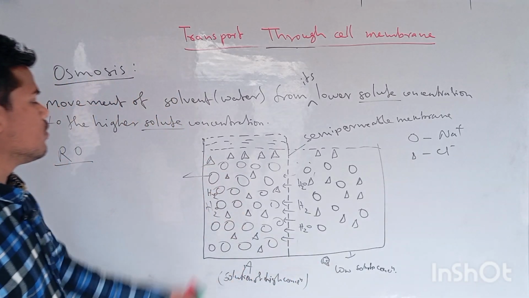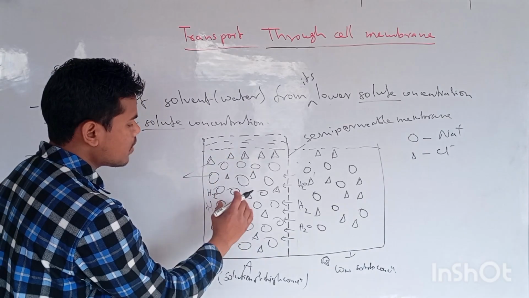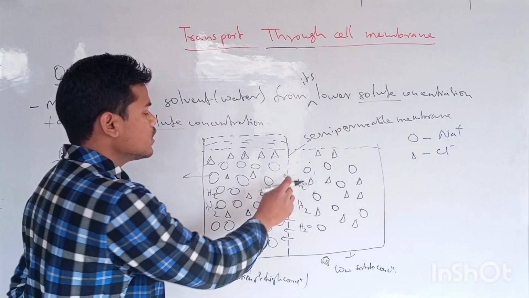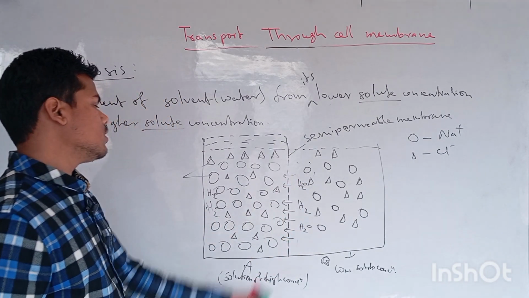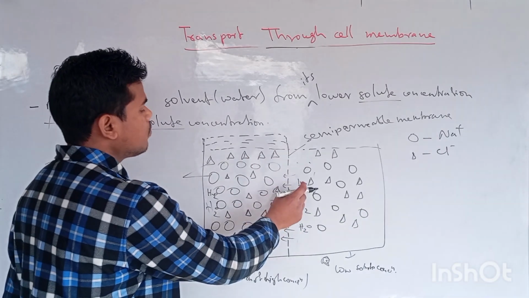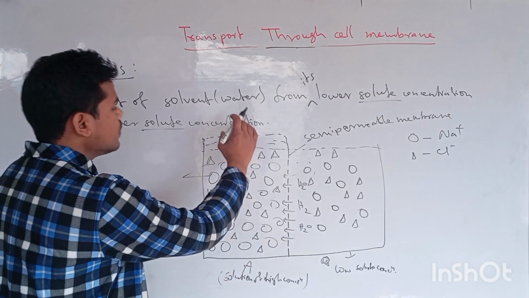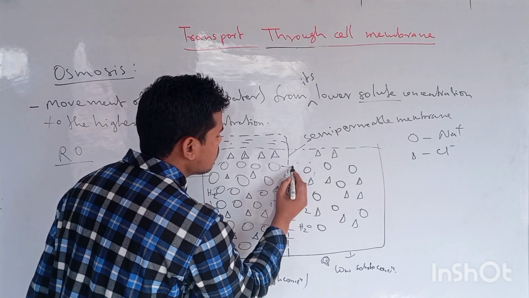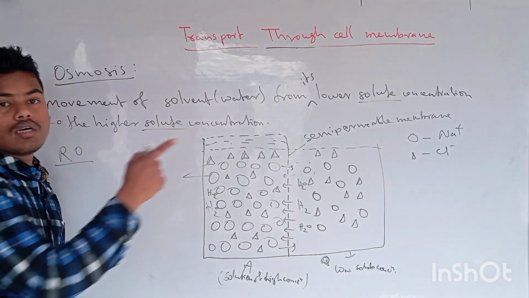But if we apply pressure in that compartment, and the membrane is semi-permeable, allowing only the diffusion of water, then the direction of movement of the water will shift.